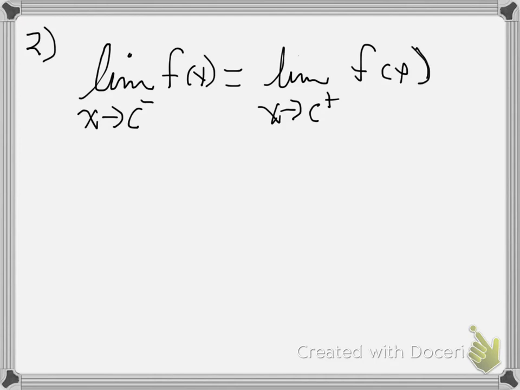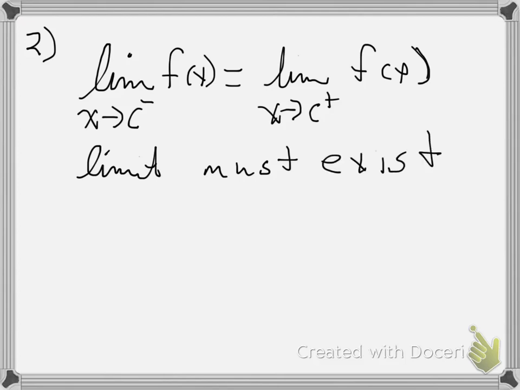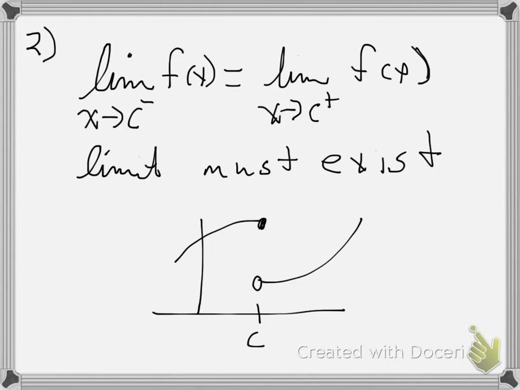In other words, the limit must exist, right? And if you think about a piecewise defined function, there the limit doesn't exist, and that thing is clearly not continuous at c.